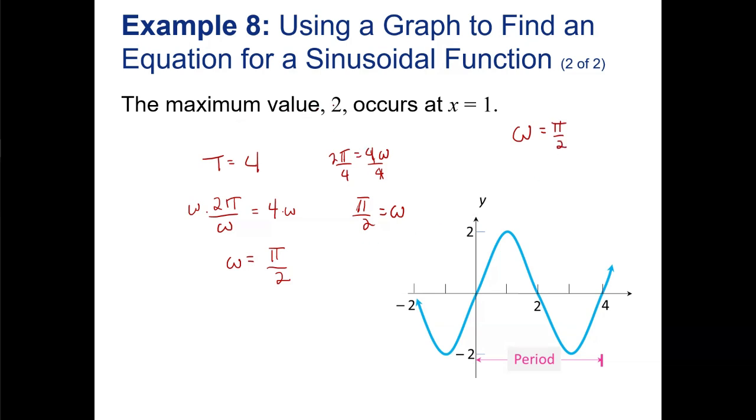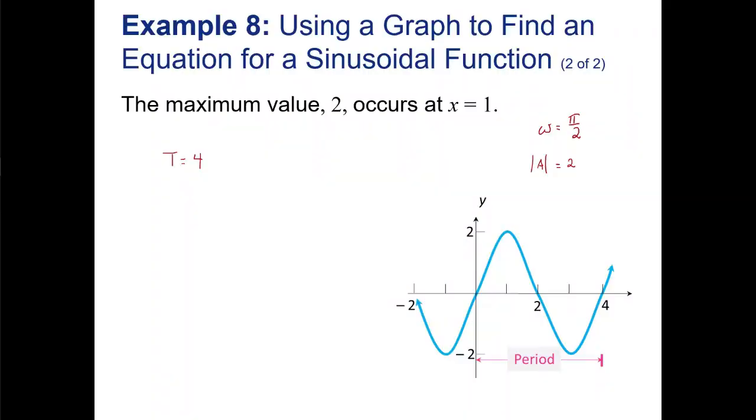Now, they also tell us here the max of 2 occurs at x equals 1. So the absolute value of A is going to be equal to 2. Okay, so we're going with a sine, and we have absolute value of A is 2, and our period is 4. So we know that this has to be a positive 2, because if we split that period into its 4, we go 1.